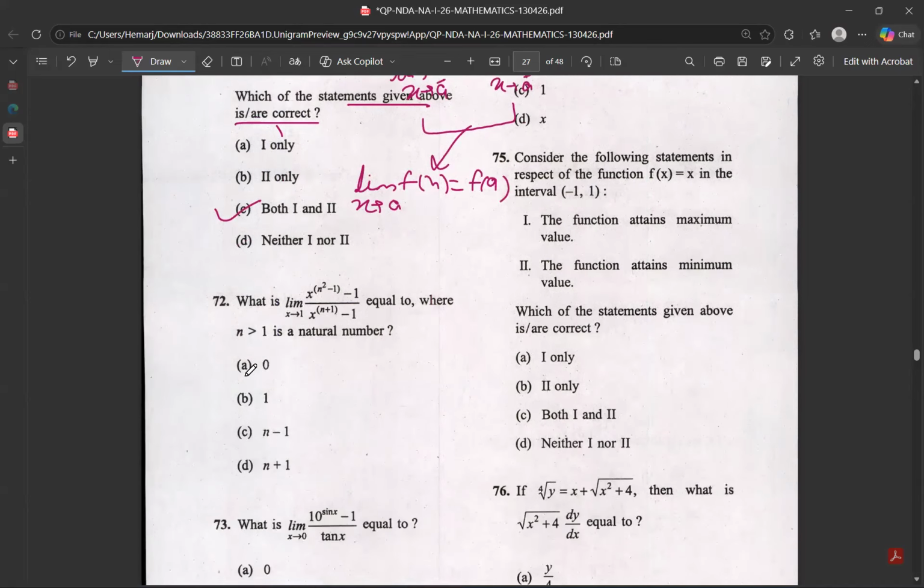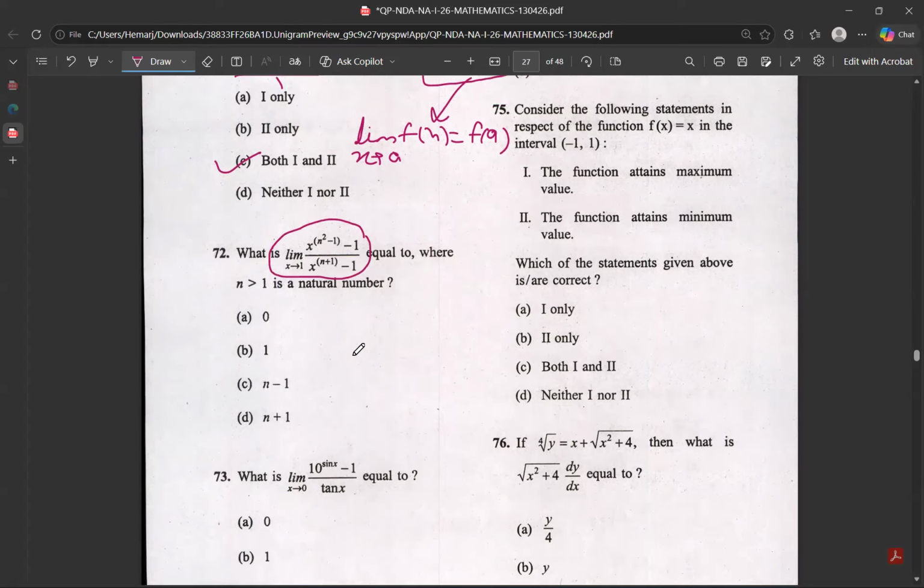Now let's move to question number 72. What is limit x tending to 1 of x to the power n square minus 1 divided by x to the power n plus 1 minus 1 equal to? We have to find the value of this limit where n is greater than 1 and a natural number. Whenever a limit question comes, first of all we put the limit directly.